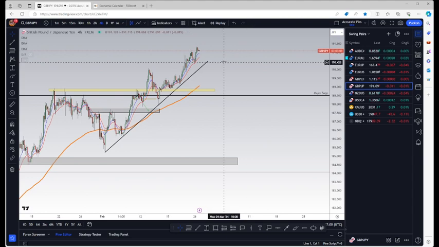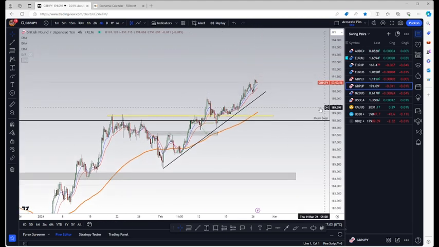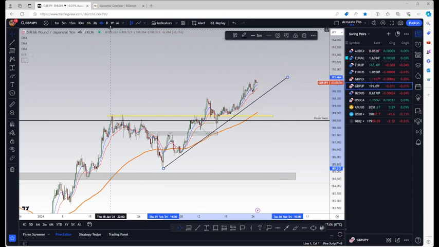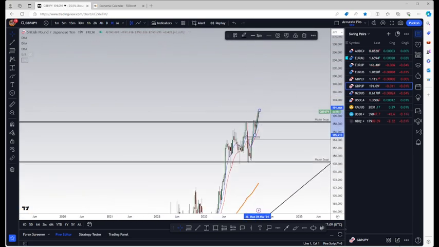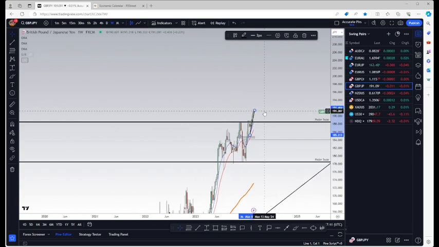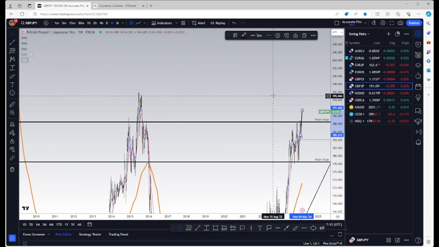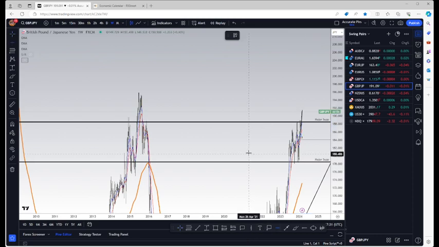Let's move on to GJ. Yeah, GJ is literally just like EU, 100%. Let's look at it on a weekly. It smashed that major support level, literally smashed it. Similar situation. It looks like it's going to make its way to the next major resistance level, so let's put this.